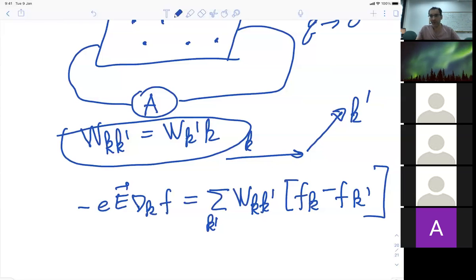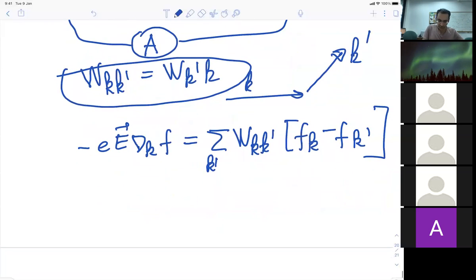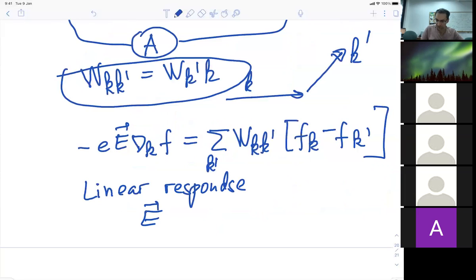Okay, now we will assume that we want to be in the linear response. Linear response, which means that the electric field is very weak. So we're applying a small electric field.